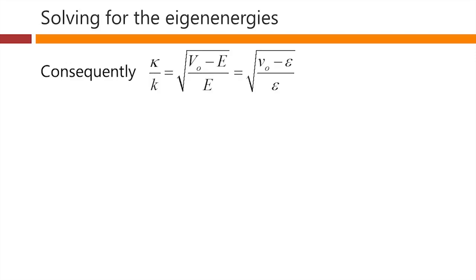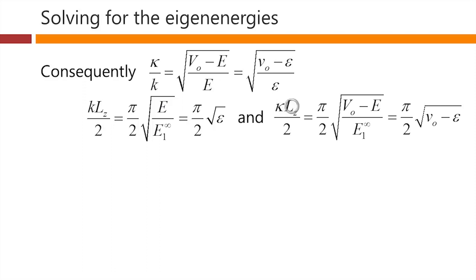So, consequently, we have this equation for kappa over k written in the dimensionless units: the square root of nu naught minus epsilon over epsilon. And for k Lz over 2, using these dimensionless units, we would have E over E1 infinity in the square root, with pi over 2. That's pi over 2 times the square root of epsilon.